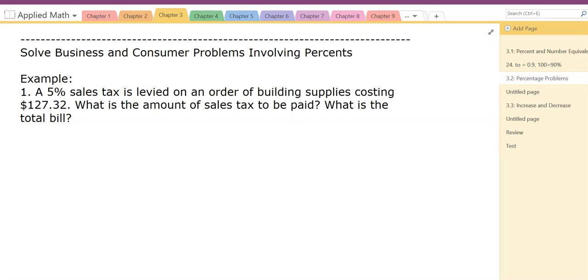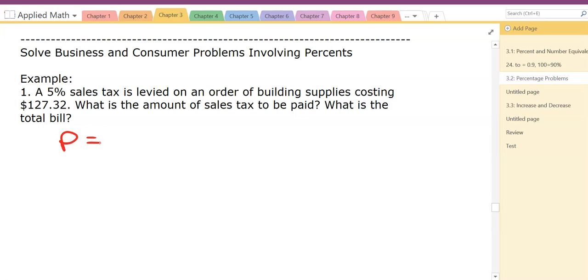This first one says that a 5% sales tax is levied on an order of building supplies that cost $127.32. What is the amount of sales tax to be paid, and what's going to be our total bill? If you're trying to find how much you're going to have to pay in tax, that would be your portion.